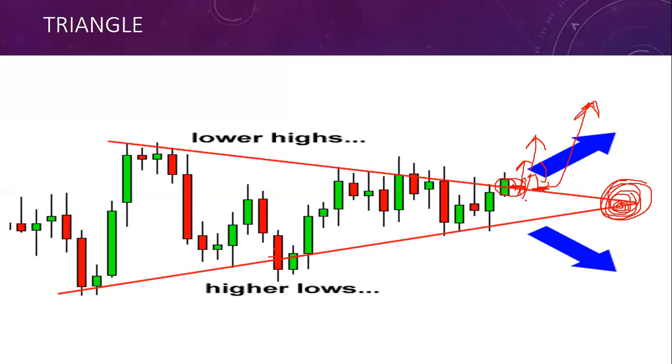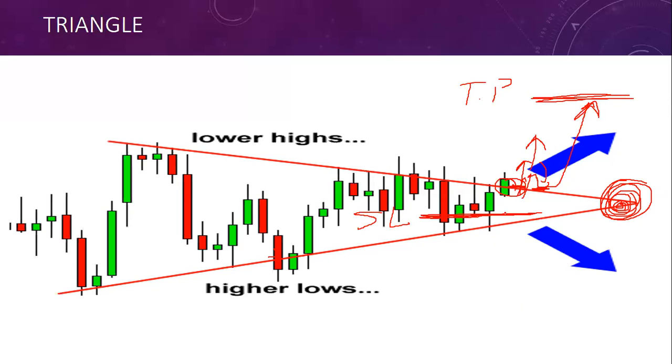When I trade from here, of course, like I explained yesterday, I put my stop loss inside the triangle. So it's my stop loss. And then I put my take profit here, for example.